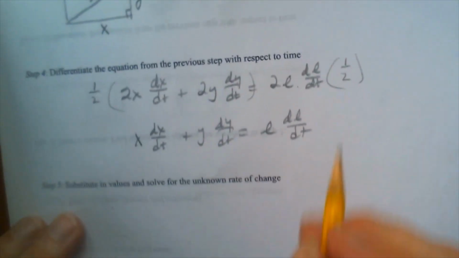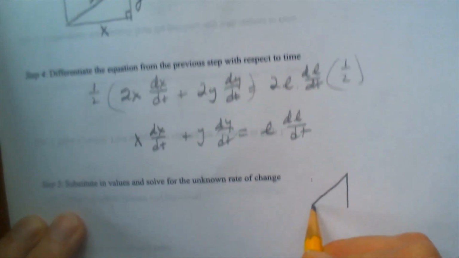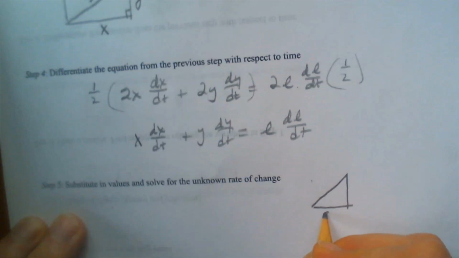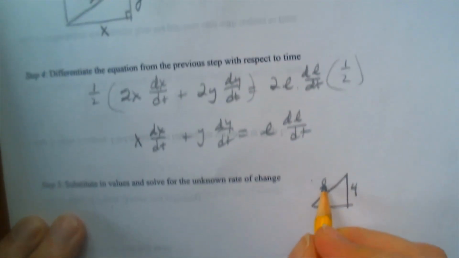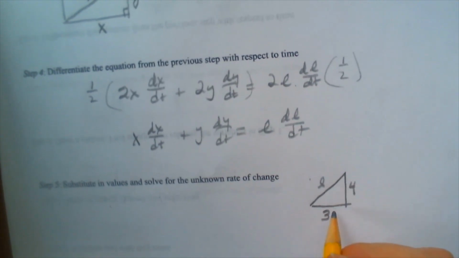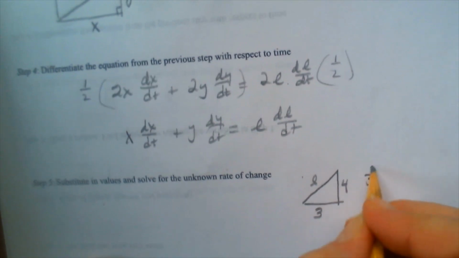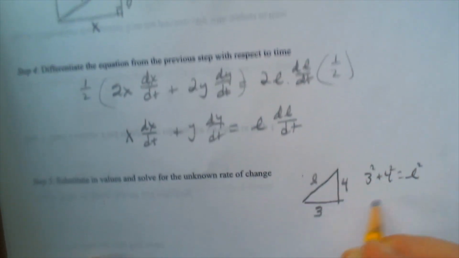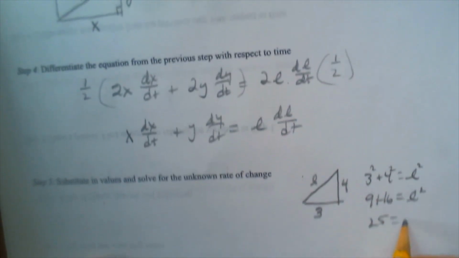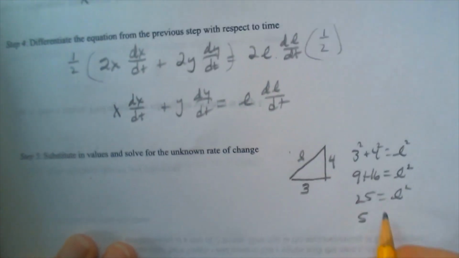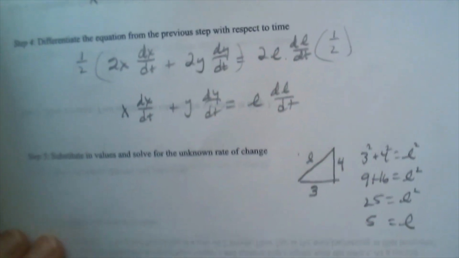So what we're going to do is draw a little diagram of the x, y, and L. It said x is 3 feet, y is 4 feet, and L we don't know, but we can find it using the Pythagorean theorem. 3 squared plus 4 squared equals L squared. 9 plus 16 equals L squared. 25 equals L squared. So 5 is equal to L. So that 5 is what we're going to put into this equation when we substitute.